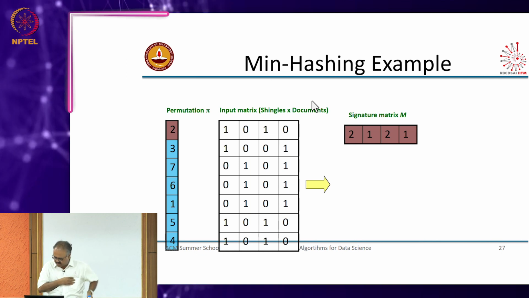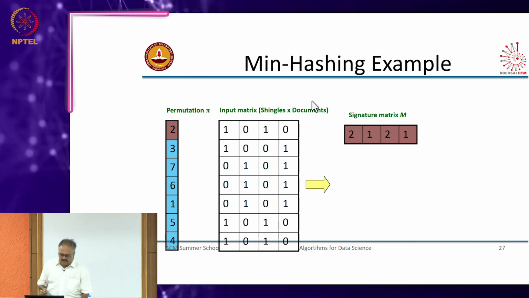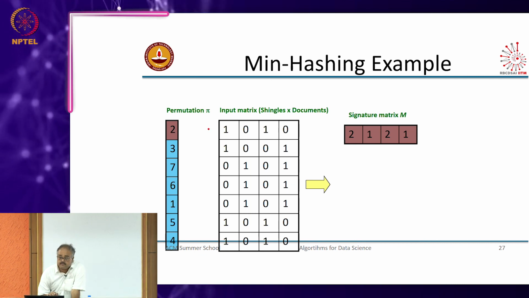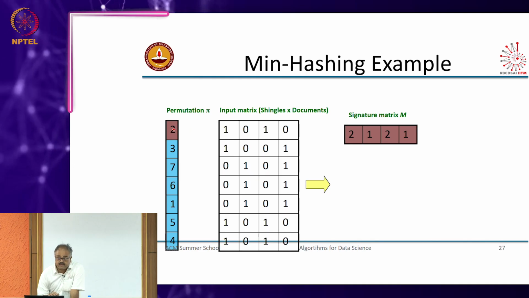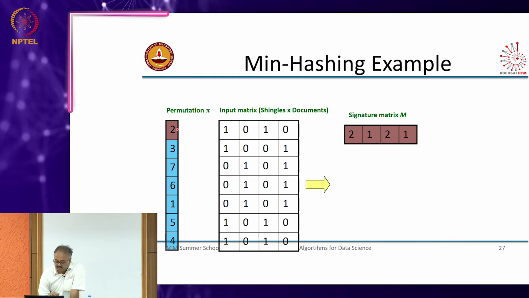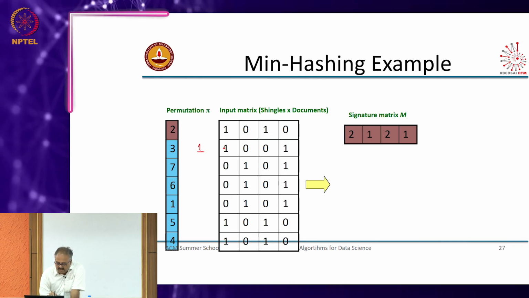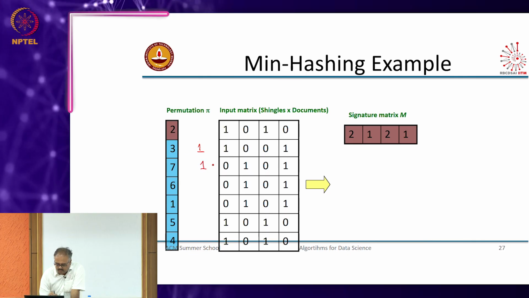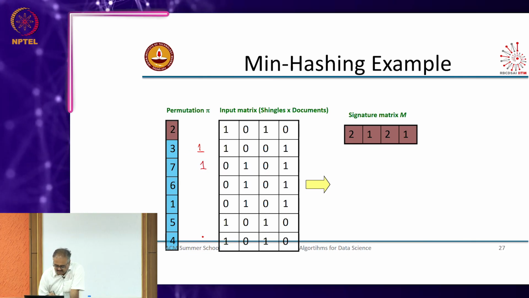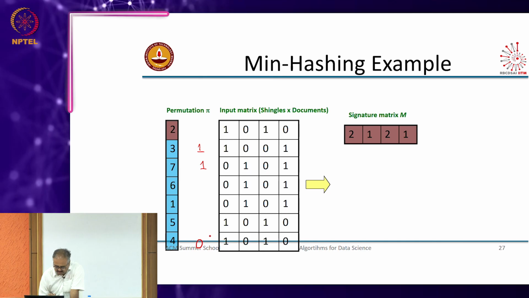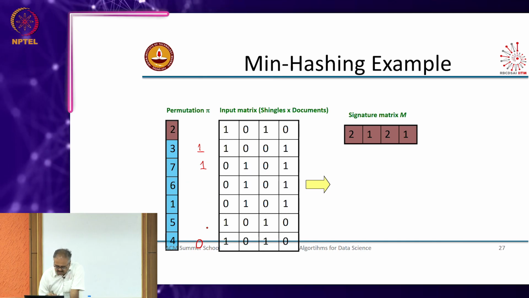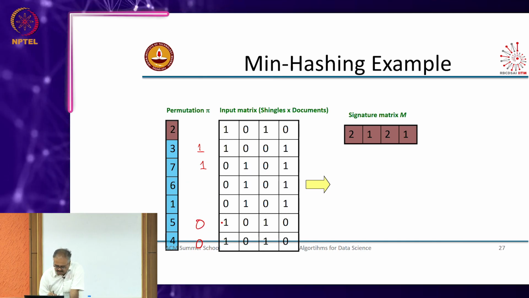Okay, so this is not what it is. So the permutation is the following. The first row goes to the second row, so I get a 1 here, and the second row goes to the third row, so I get a 1 here. This goes to the 7th, so I get a 0 here. This goes to 6th, so I get a 0 here.